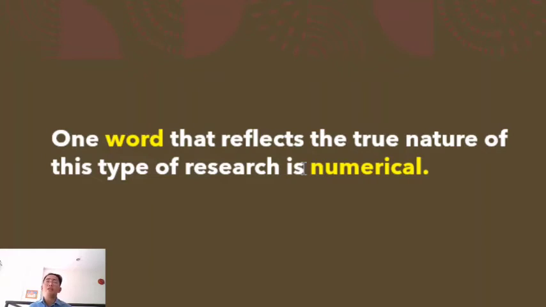What is a quantitative research? Basically, as the slide says, it's numerical. It has the presence of statistics. All right, class, numbers are taken into consideration when we think of quantitative research.